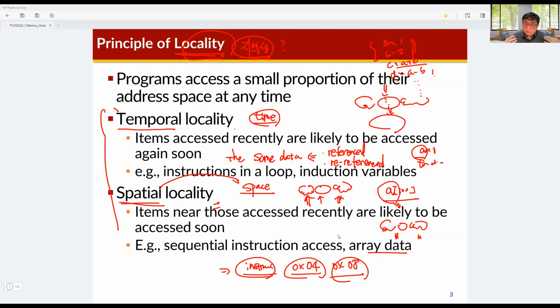So that's why the locality in our data is very critical for the performance of normal computer systems. We will learn about the memory hierarchy in chapter 5, and the memory hierarchy makes use of locality in our data.